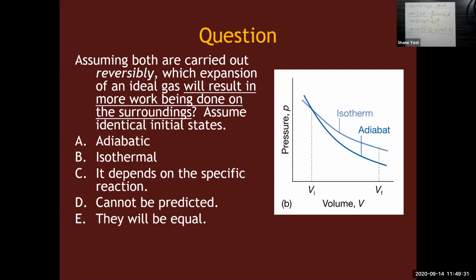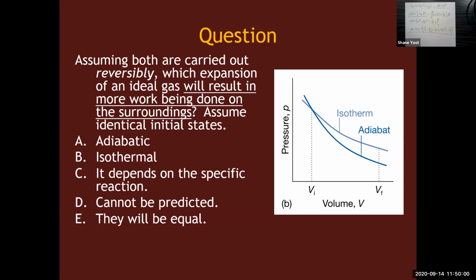You can think of it this way: the biggest reason is that for an adiabatic expansion, your pressure drops much more rapidly than in your isothermal expansion, because the temperature is also dropping. Assuming constant volume, a drop in temperature would correspond to a drop in pressure.